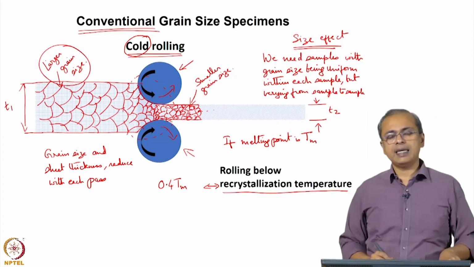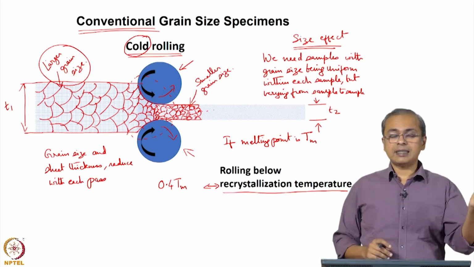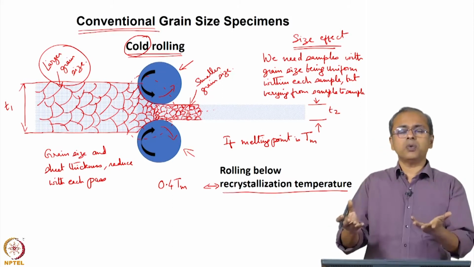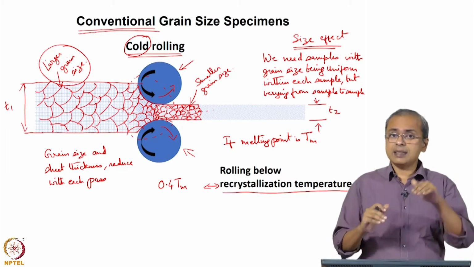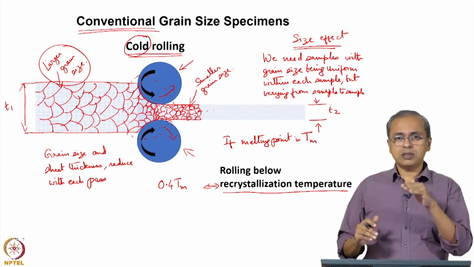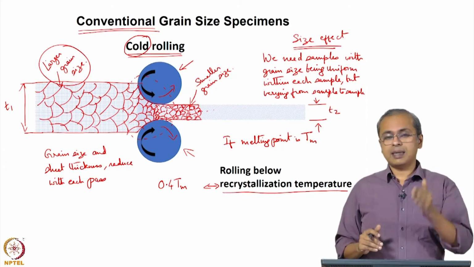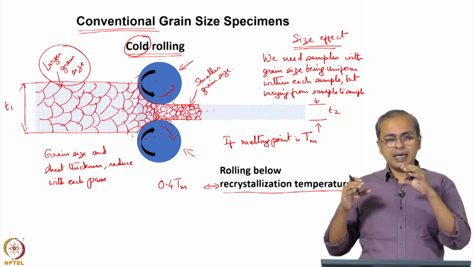If you go to higher and higher temperatures, you will keep getting this grain structure. The sheet may be thin, but the grain structure will be large. In some cases that is what you desire, and that is okay. In this case, you want that small grain size to remain, and therefore, it is desirable that you do not take the temperature above the recrystallization temperature and you stay below it.